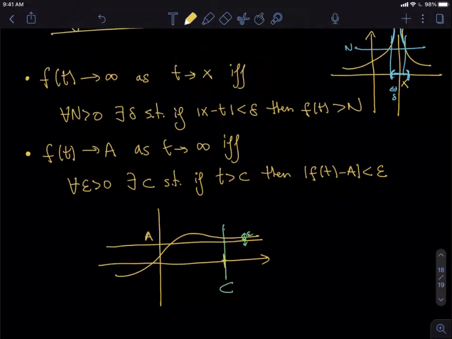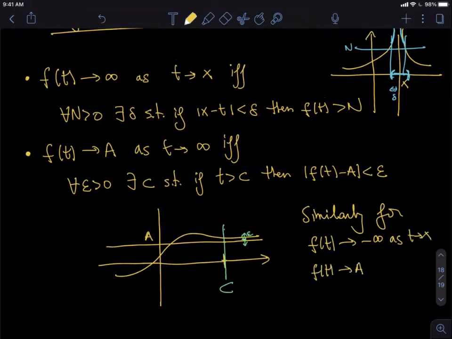And of course, we can do similar definitions for f of t tends to negative infinity as t tends to x, or f of t converges to a as t tends to negative infinity. It's just a simple adjustment.